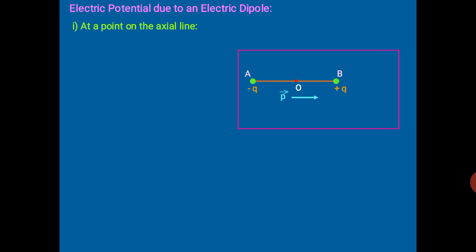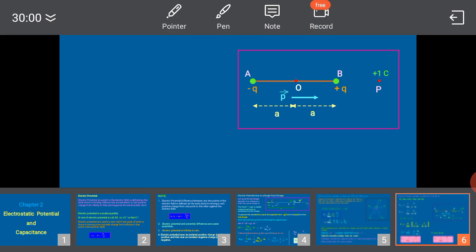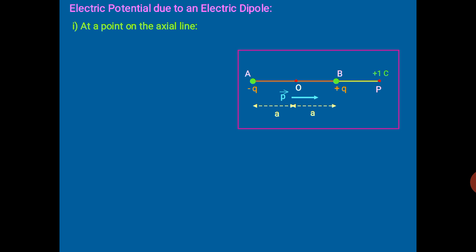O is the center of both the charges, the midpoint of the line joining the two charges. So that point O is equidistant from q and minus q. Let the distance be a, and the distance between the two charges is clearly 2a. Let P be the point which is at a distance r from the midpoint of the line joining the two charges.